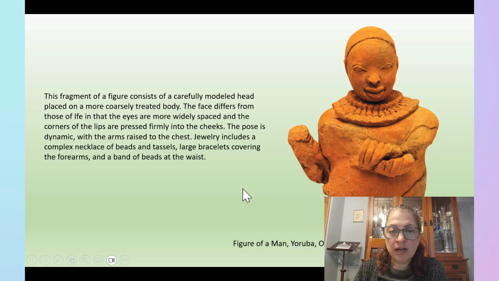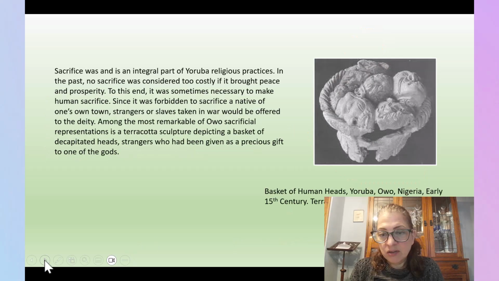The figure also has a large bracelet covering the forearm and a band of beads at the waist. So this is a highly decorated person here. And so we can, of course, make the assumption that this man would have been of high power and great wealth. So this is made of terracotta from the 15th century.